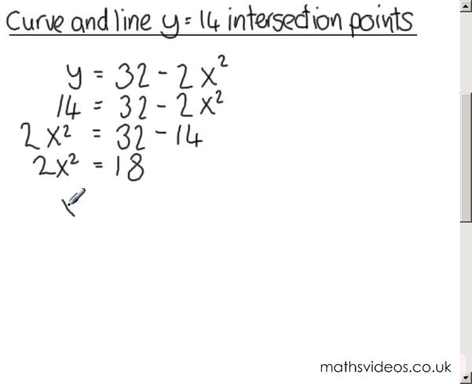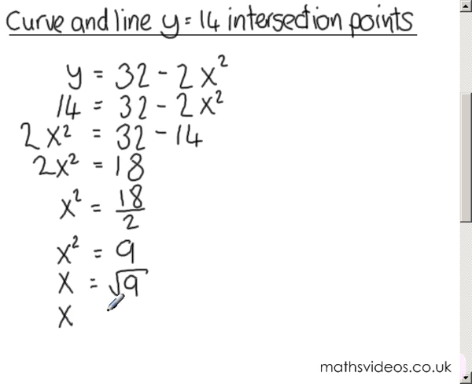That means that x squared is going to be 18 divided by 2, and 18 divided by 2 is 9. So x squared equals 9. We want x, so x is equal to the square root of 9. And the square root of 9, we should hopefully remember, has two answers.